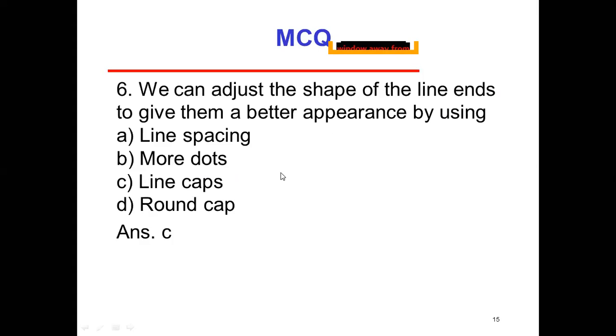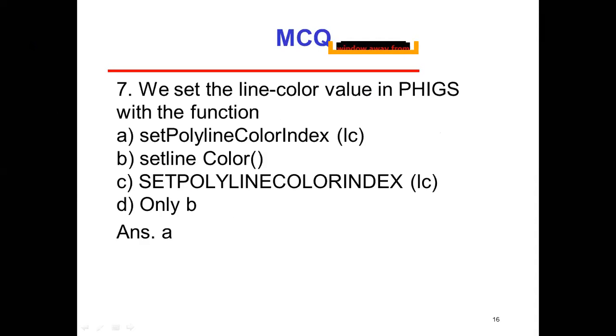Whenever we draw a line and want to show the line ends, we use line caps. We never use line spacing, more dots, or round caps. We use line caps, for example the arrowhead. So line caps give a better appearance. So C is the correct answer.